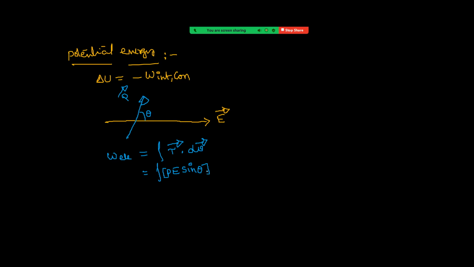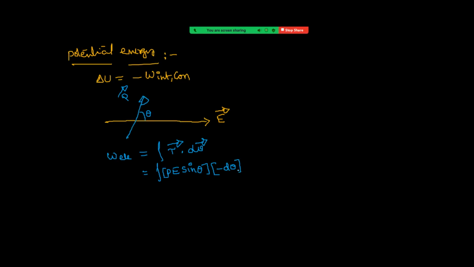Because of this electric field, the torque is clockwise. If you see carefully, when the dipole rotates clockwise, the theta value decreases. That means the torque is clockwise. For d theta, I am writing the modulus value, which is minus d theta. Why minus?